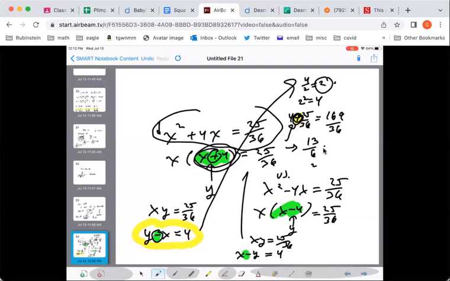Are you writing something? Because I can't see the bottom. Oh, I'm writing up here. So after I get the 13 over 6, I do 13 over 6 plus 2 is 25 over 6, and 13 over 6 minus 2 is 1 over 6.